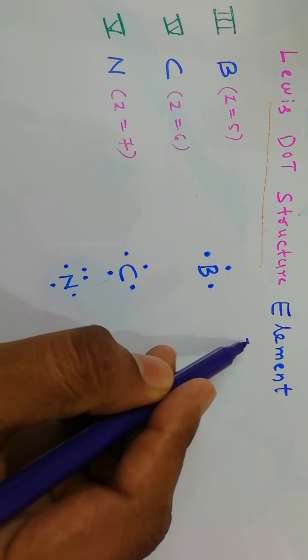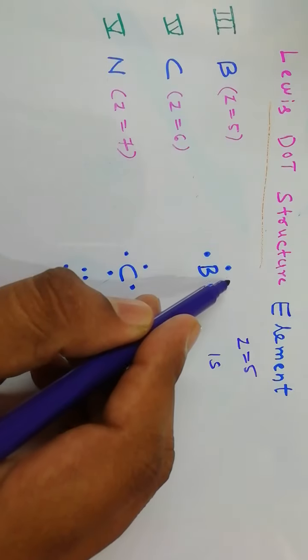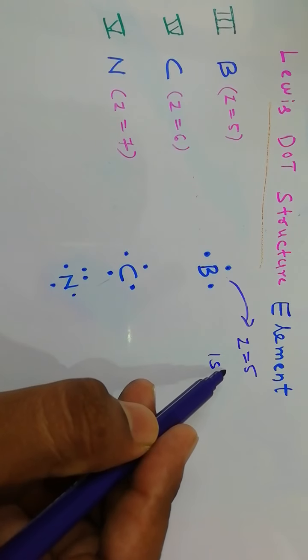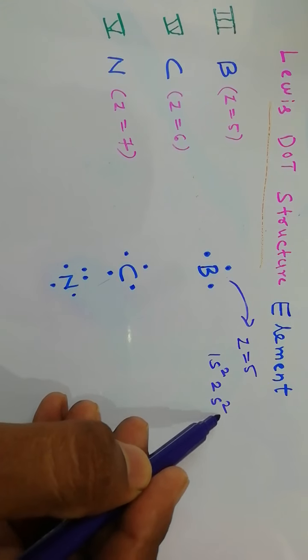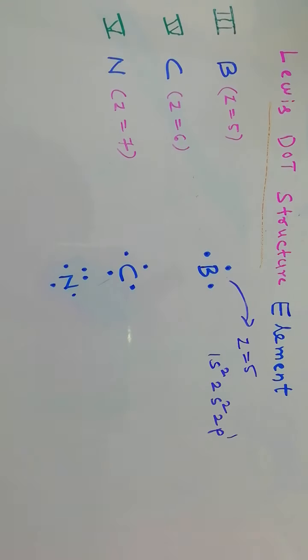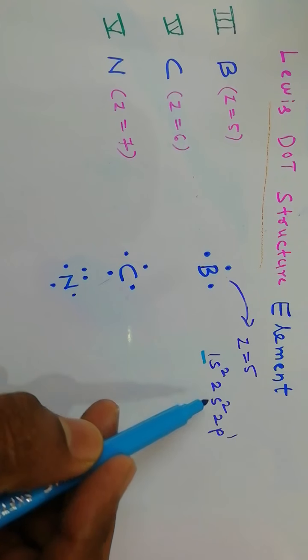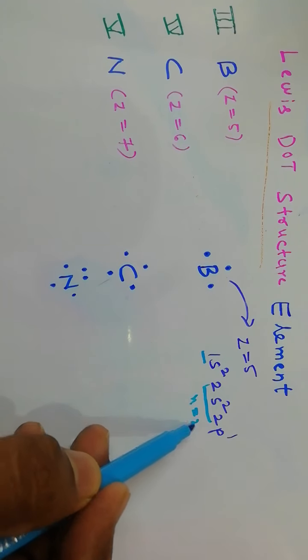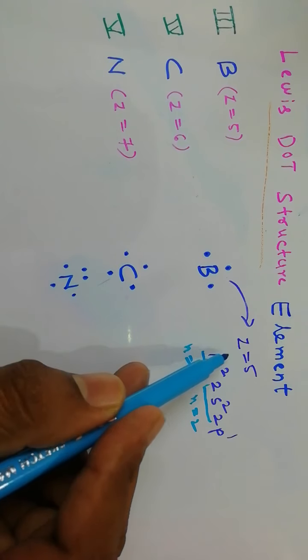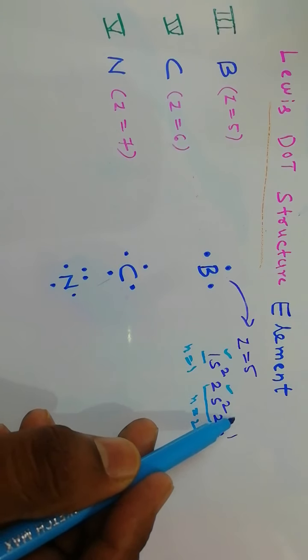As the atomic number is 5 for this boron atom, we write the electron configuration 1s2, 2s2 and then 2p1. In this, what is the valency shell? The last shell is known as the valency shell. Here the principal quantum number n is equal to 1, and in both of the other cases n is equal to 2.